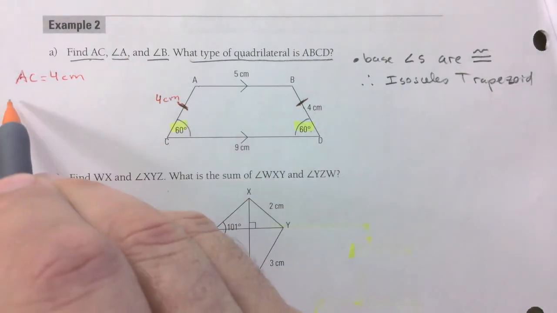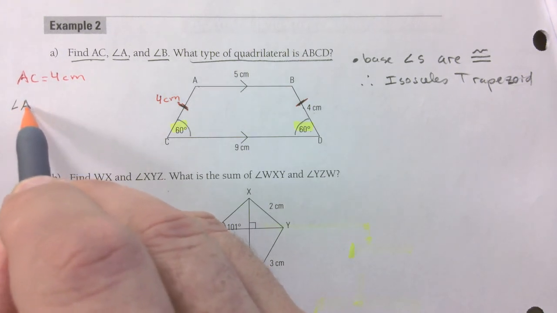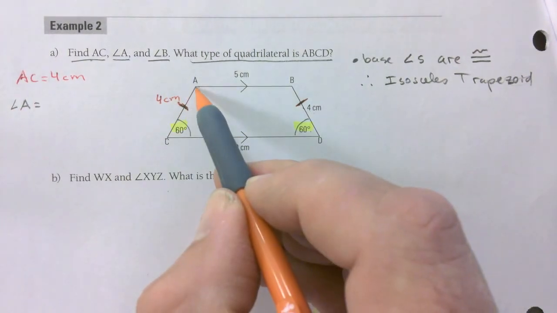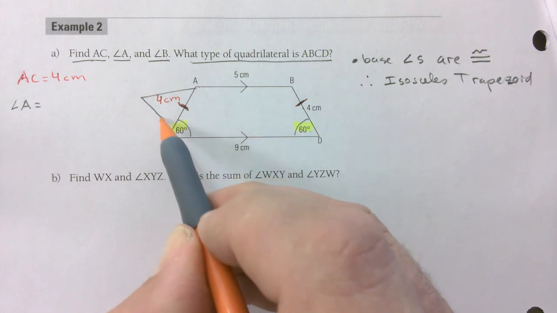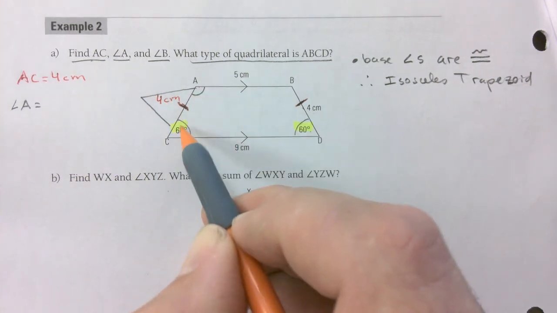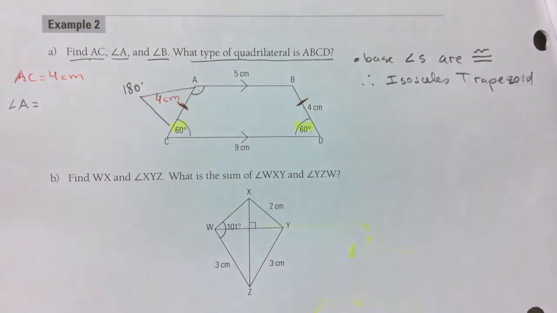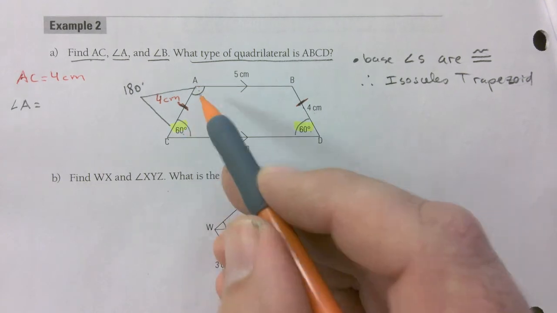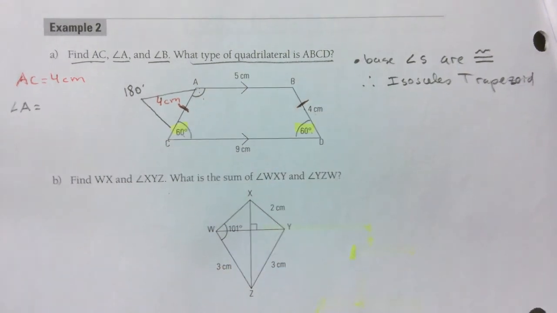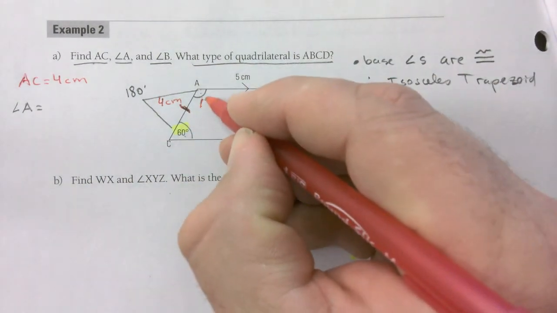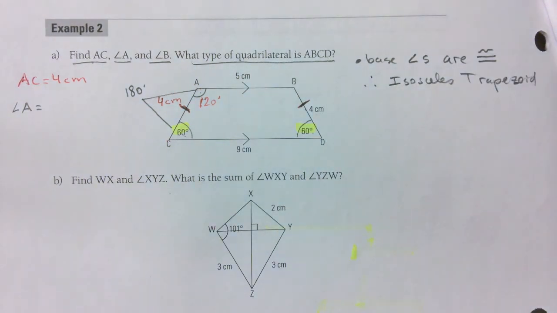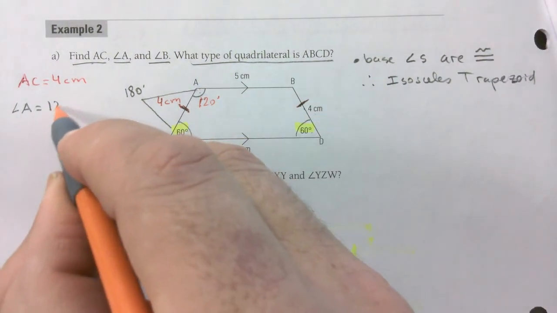And then angle A, what do we know about these two angles here? What do these two always add up to? I told you that. It's always 180, okay? So if this is 60, then this must be 120, right? It's not that hard to figure that out. So I'll just assume that that makes sense.